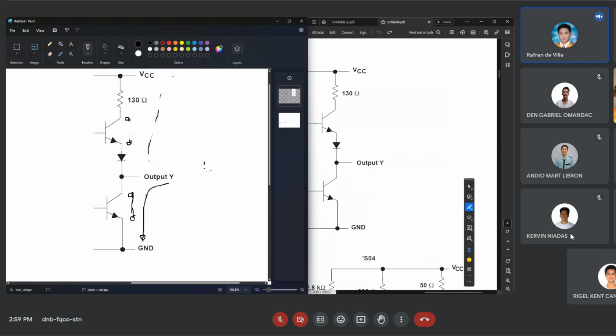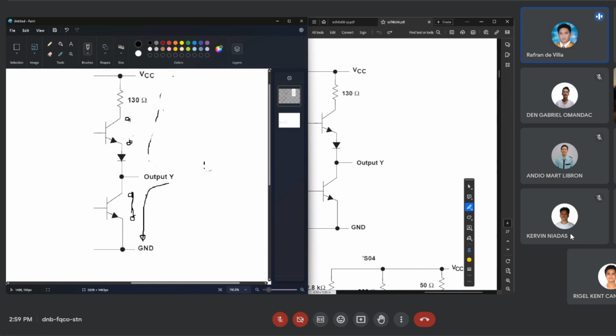Now, as you can see guys, walay giagian nga resistance. Ang giagian ra niya is ang collector-emitter junction. Unlike diri sa high nga output, moagi siya resistor, moagi pa siya diode. Okay? So aside sa high voltage drop, there's also a decrease in current tungod sa resistance aning 130 ohms.